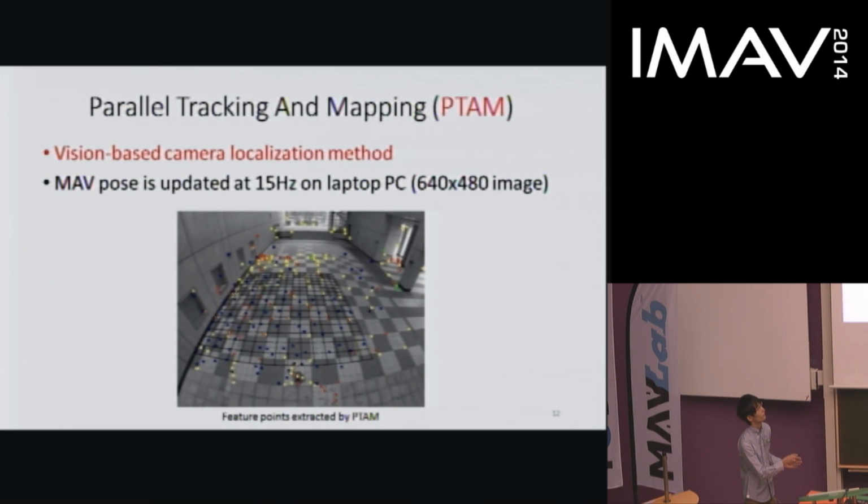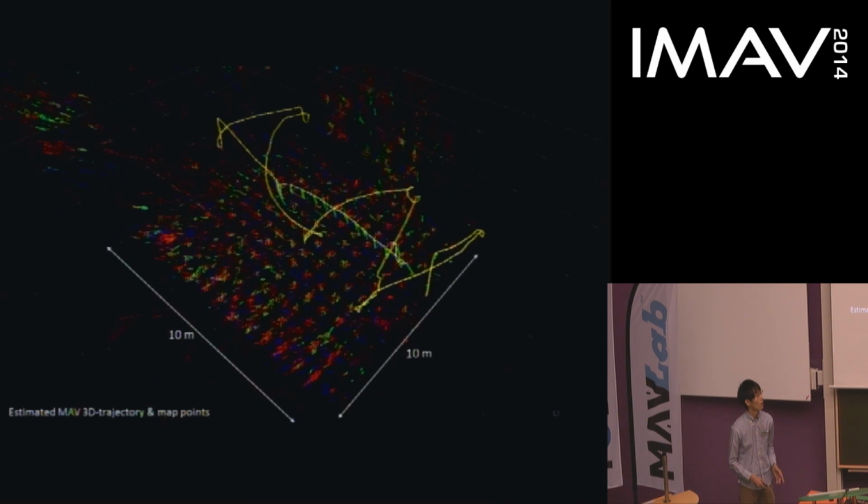PTAM extracts feature points from the input image, and then it determines the camera position and pose based on these feature points. The colorful points in this picture are the feature points which were extracted from the images. And this yellow line represents the MAV's trajectory, which was estimated by PTAM.